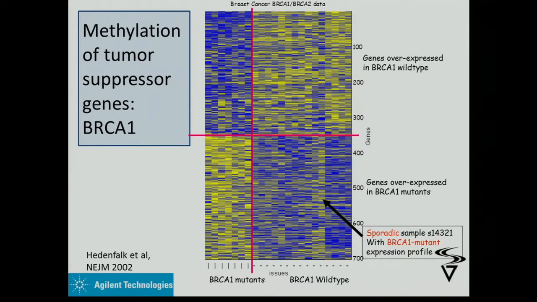So the BRCA1 protein is completely functional if it were to be expressed. But because of the hypermethylation, it is not expressed, and therefore the manifestation in terms of the transcription profile for this patient is the same as a non-functional BRCA1.